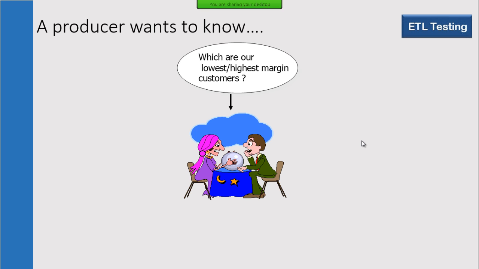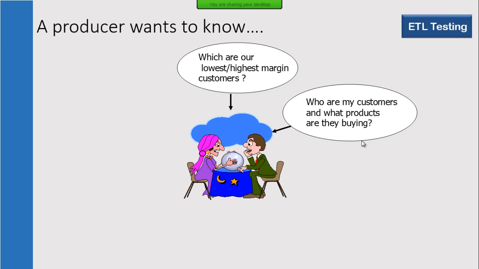When you release a product into the market, you have a customer who is going to buy that product. So the producer wants to know the lowest and highest margin customers: who are the customers making their sales low in number, and who are the customers making their sales high in number?